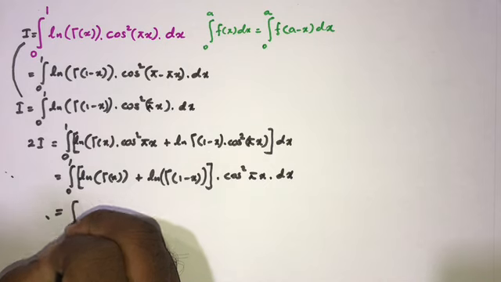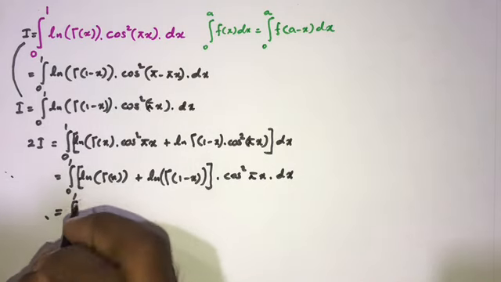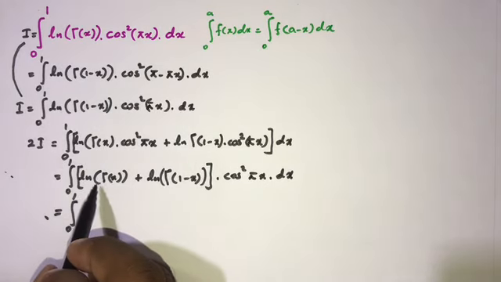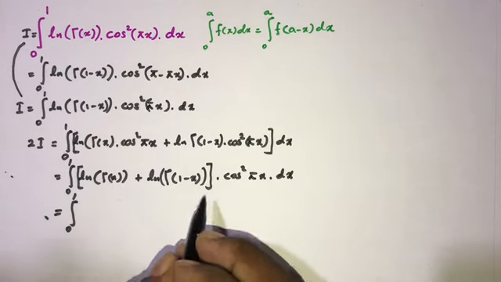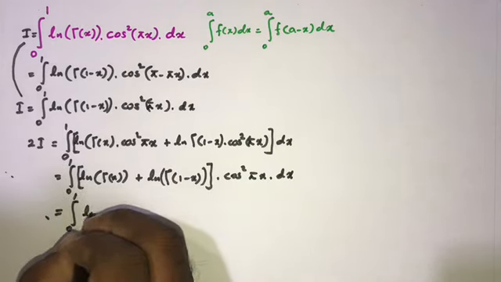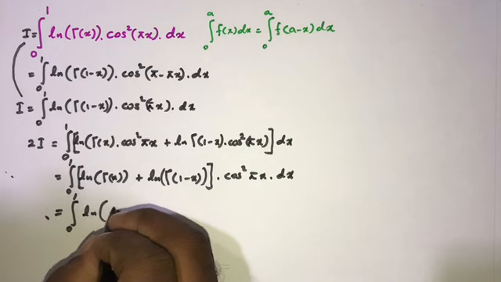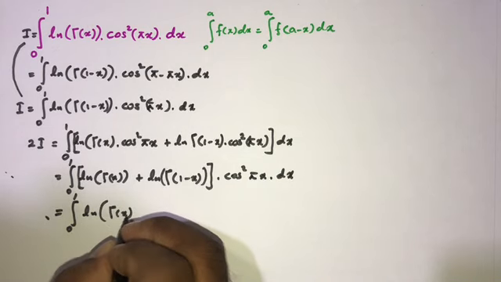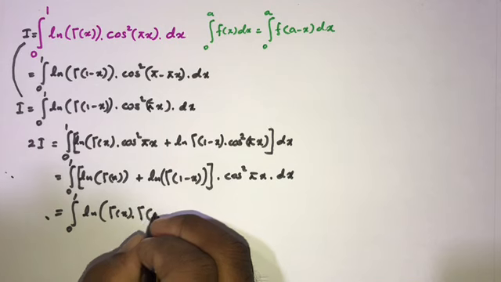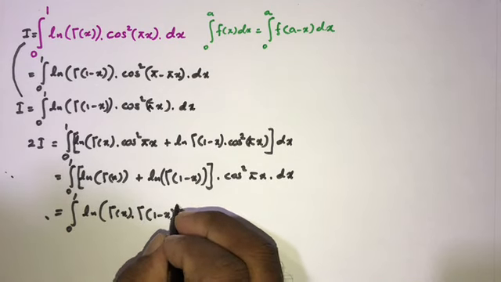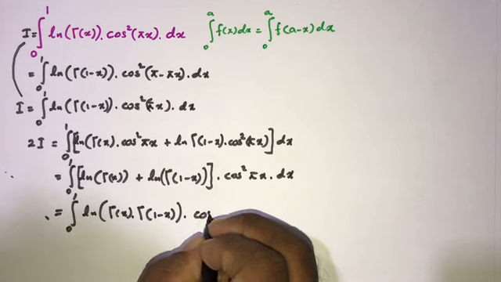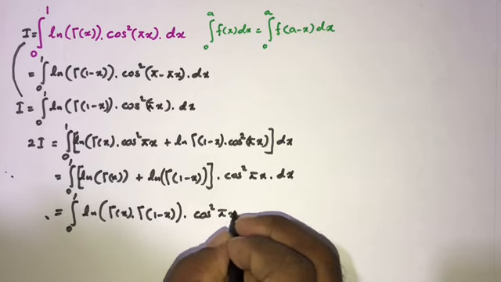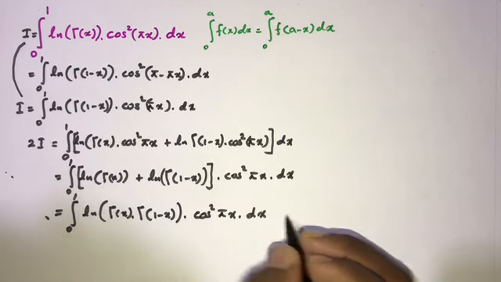According to the property of natural log, we can write natural log of gamma of x times gamma of 1 minus x, times cosine square of pi x dx.